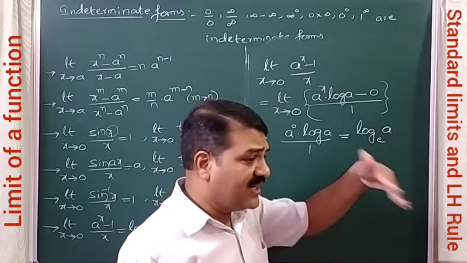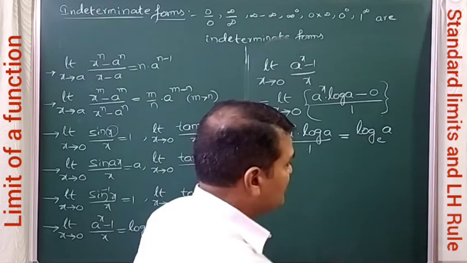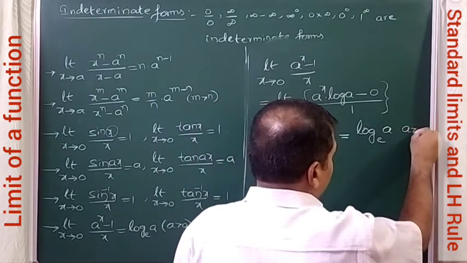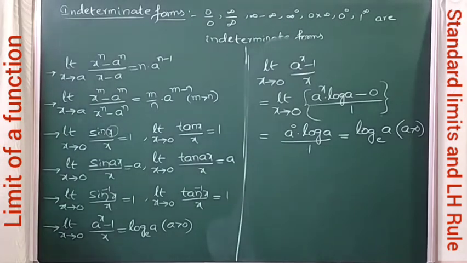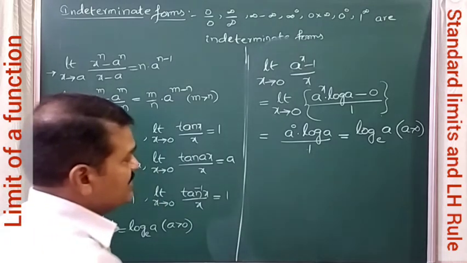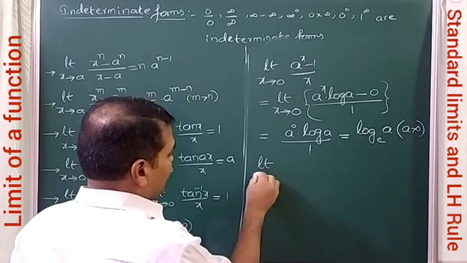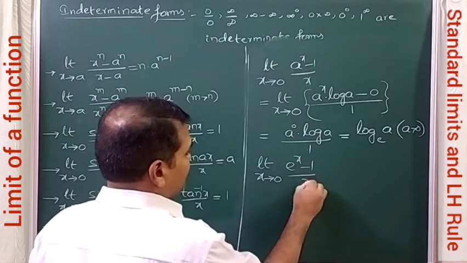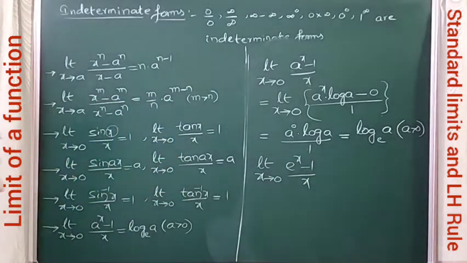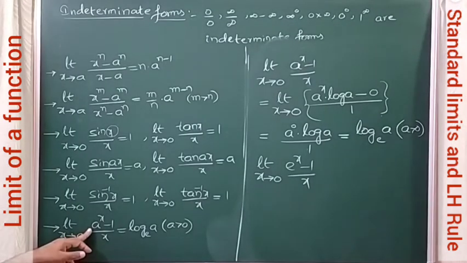When a is 0 or a is less than 0, logarithm is not defined. So therefore definitely a must be positive for this to be applicable or defined. So this is the result we have proved. And now using this result I can get one more result, that is limit x tends to 0, e power x minus 1 by x. If you have like this, a power x means exponential function.